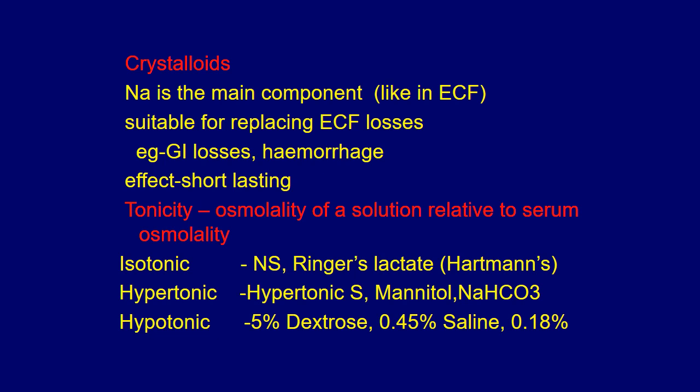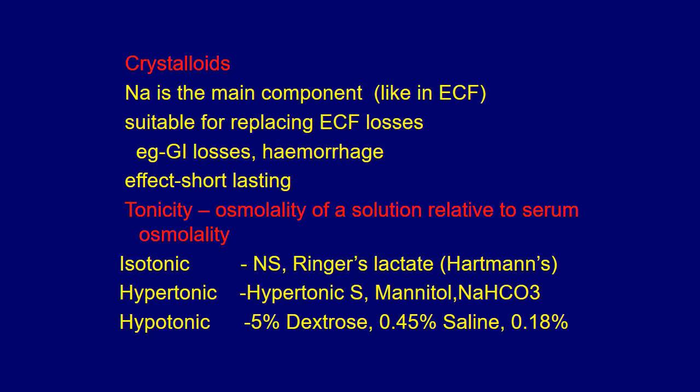Isotonic crystalloids have a tonicity equal to the tonicity of extracellular fluids, serum. An example is normal saline or Ringer's lactate or Hartmann solution. Then we have hypertonic solutions, the tonicity of which is higher than that of serum.